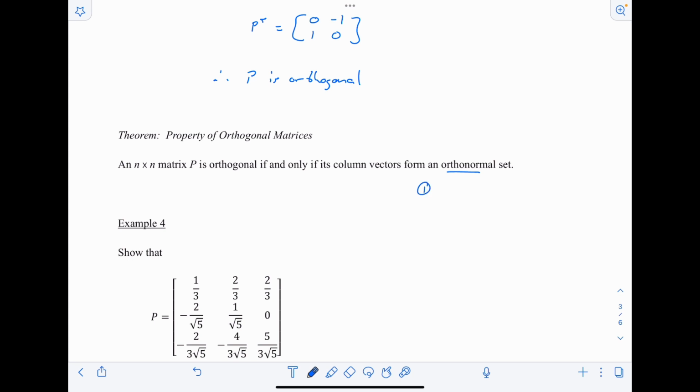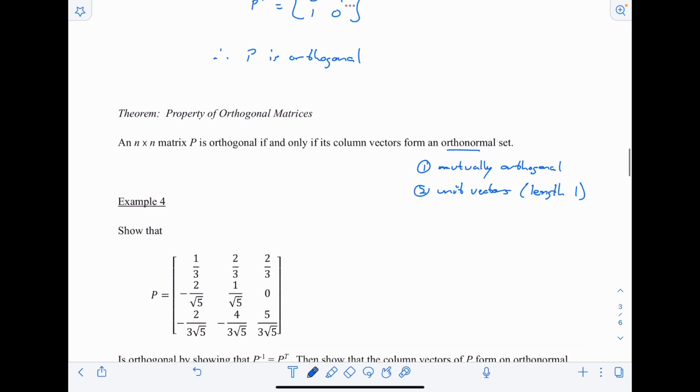The first is that, again, we talked about this in terms of vectors, but now in terms of matrices, they have to be mutually orthogonal, and they have to be unit vectors, because we're talking about the column vectors here. In other words, they have to have a length of 1.